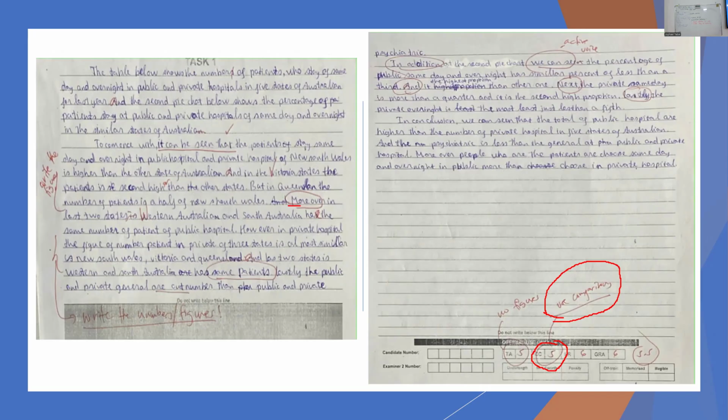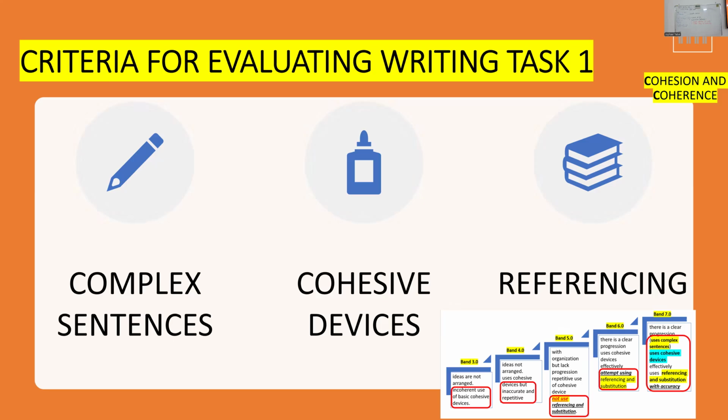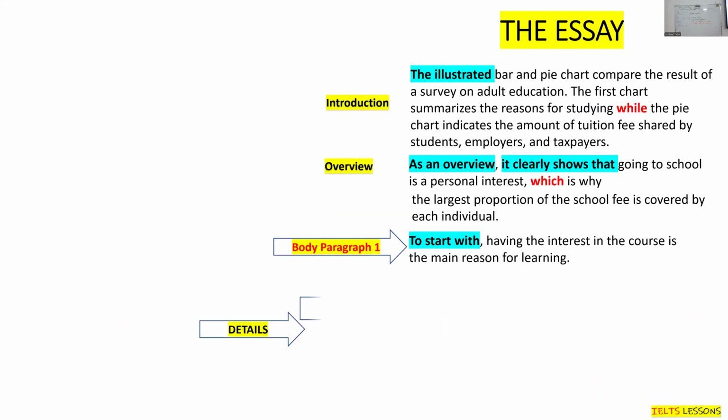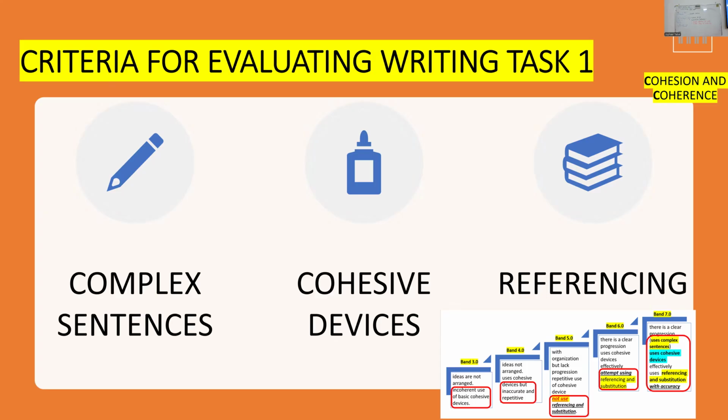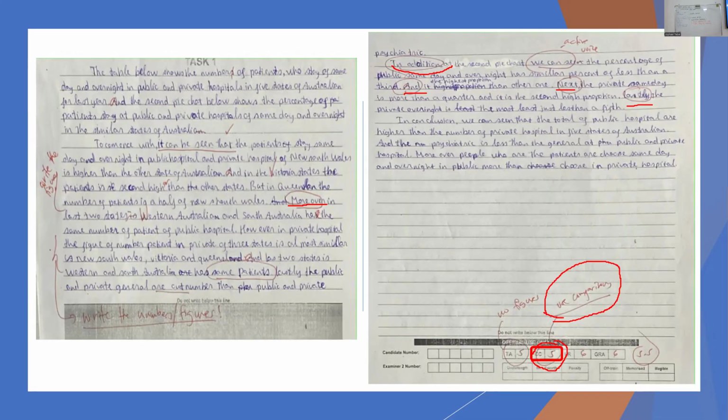For example, we have the transition words moreover, in addition, next, and lastly. These transition words must be avoided in writing the data essay. Again, these transition words, like moreover, in addition, next, lastly, should be avoided in data essay.